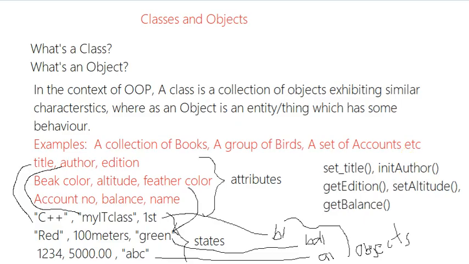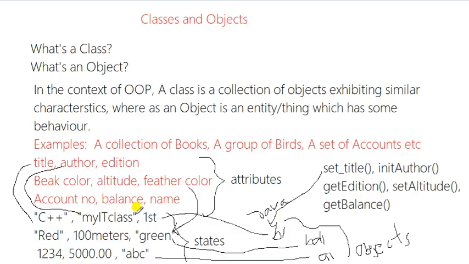Okay, what are these then? Set title, set author, get edition. You will be using these functions to change the states. Say now I'll call set title on B1 and change the title to, say, Java. The title of this object is changed.